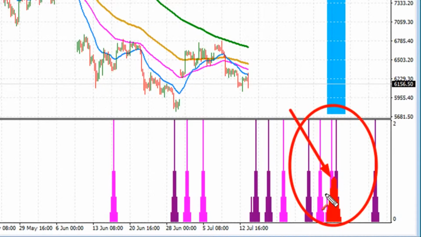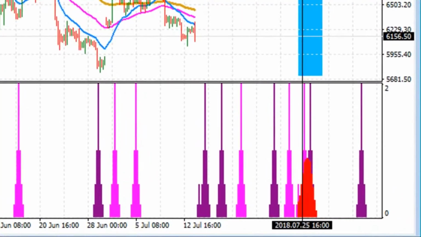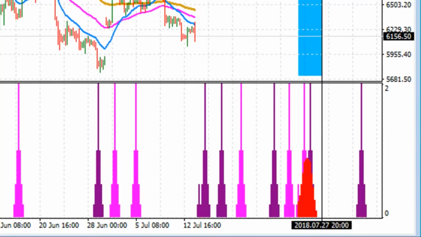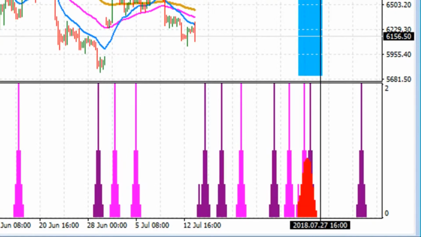I'm more interested in the red power projections as opposed to the other ones. The other ones are there just to give me some guidance, but it's when those clustering effects come together to form a red power projection that is important. That gives me a date range between the 25th and 27th of July. So something potentially big could be happening in that date range.